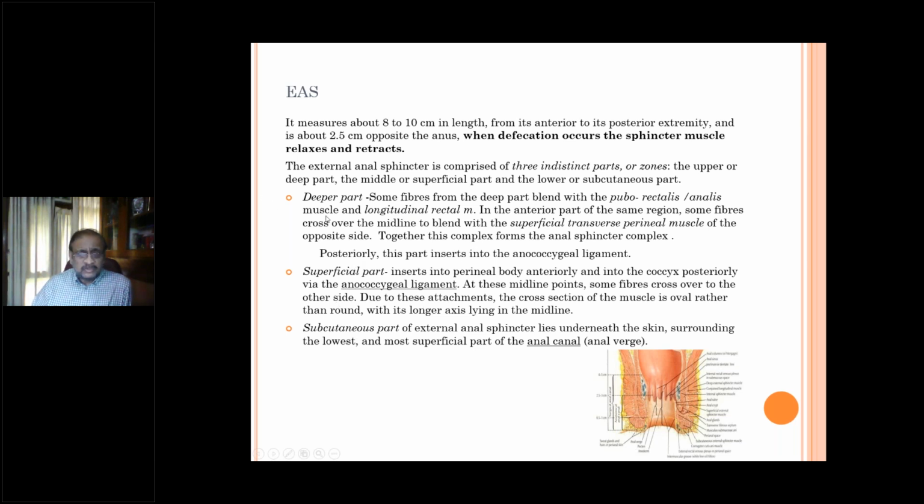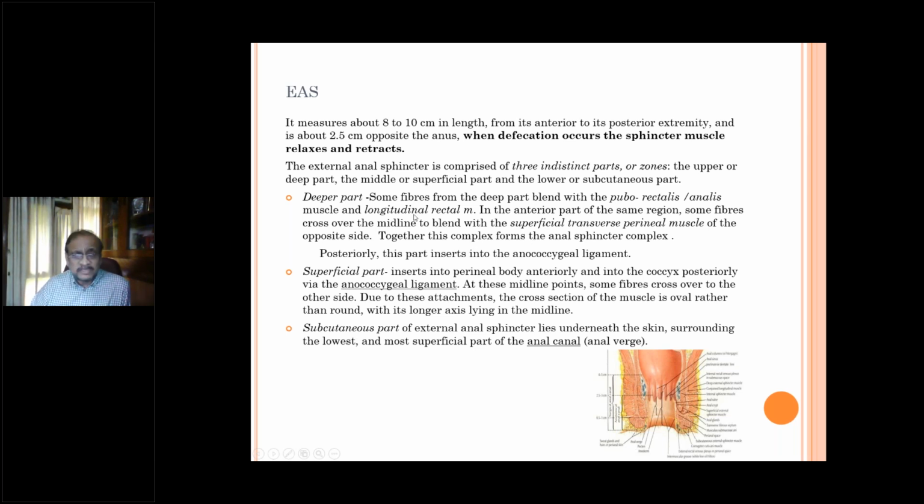Now, this part is probably very, very important. Why? Because the fibers of the deeper part are intermingling with a number of other fibers. What are those fibers? Number 1, we just now said the puborectalis muscle and the analis muscle. We know that. Why? Because the sling is forming out here. So it is making intermingling fibers out here. What else is lying out here? The longitudinal muscle.